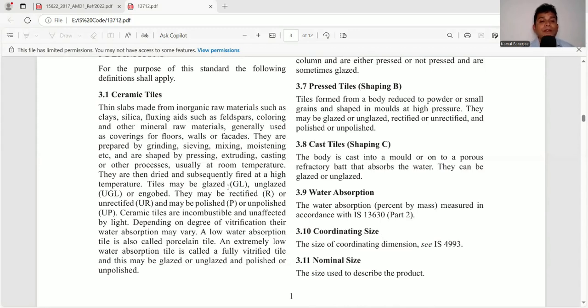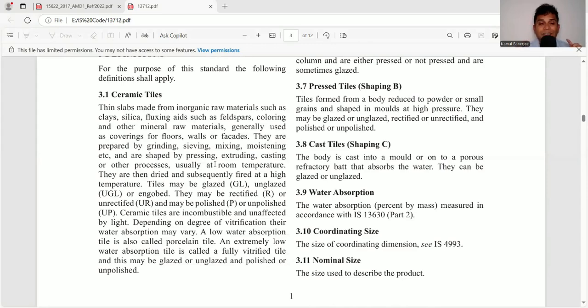They are prepared by grinding, sieving, mixing, moistening, etc., and are shaped by pressing, extruding, casting, or other processes, usually at room temperature. They are then dried and subsequently fired at a high temperature.